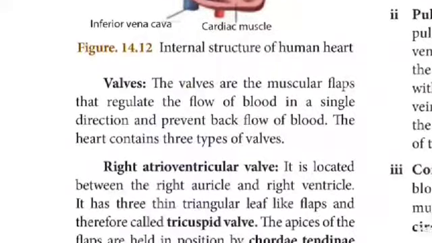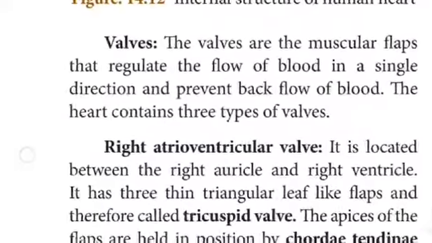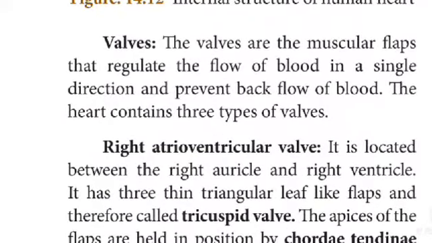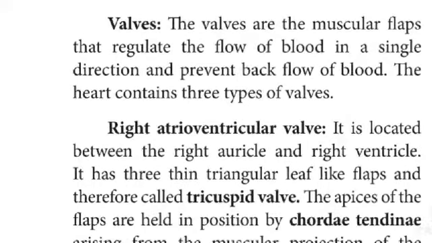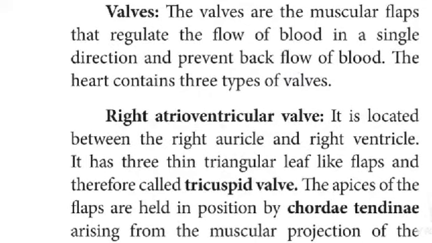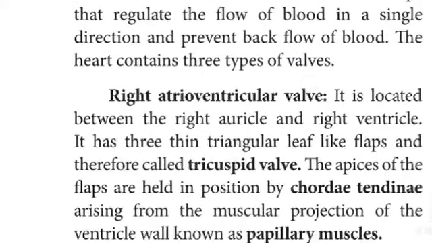Valves. The valves are the muscular flaps that regulate the flow of blood in a single direction and prevent backflow of blood. The heart contains 3 types of valves. Right atrioventricular valve. It is located between the right auricle and right ventricle.